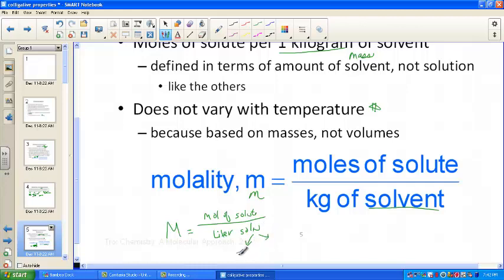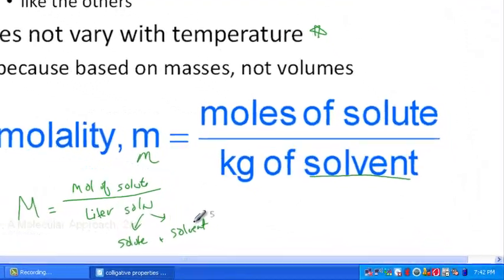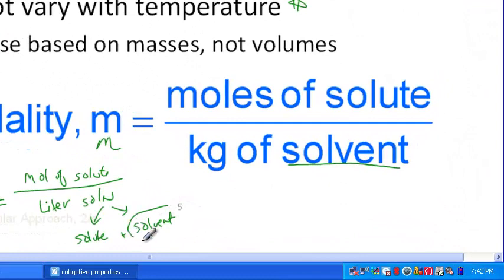Solutions are built of 2 parts. Solutions take a solute and combine them in a solvent. A solution is made of 2 parts, a solute and a solvent. This is the only factor that we bring into the molality unit.